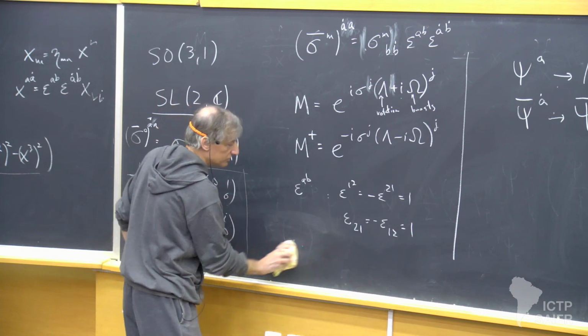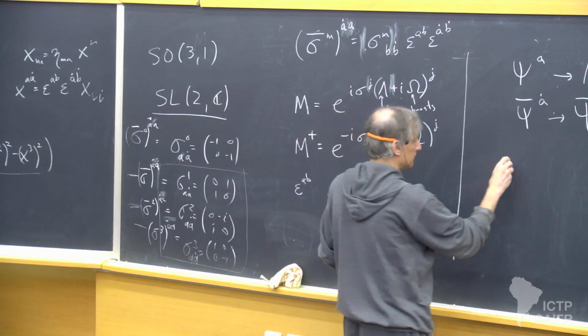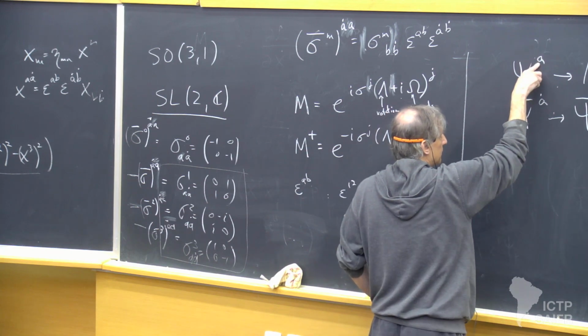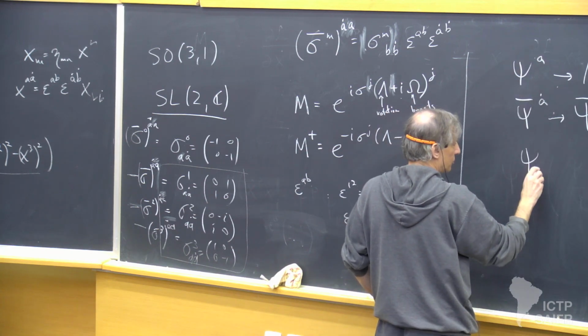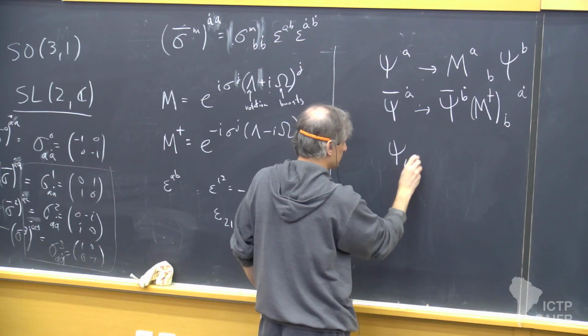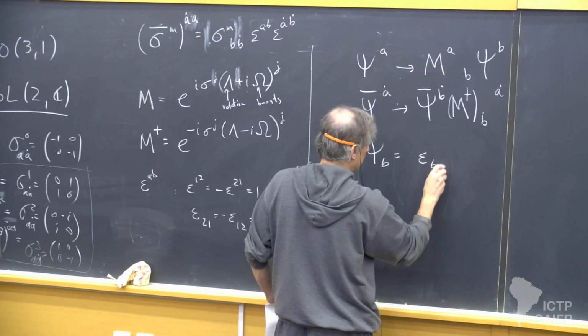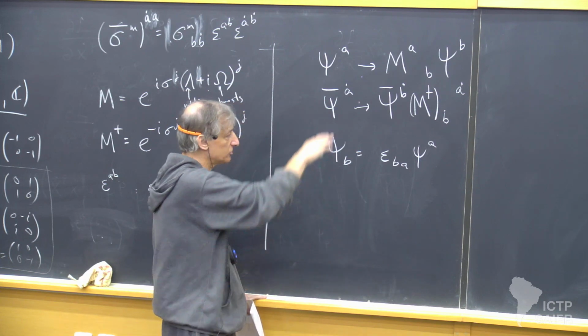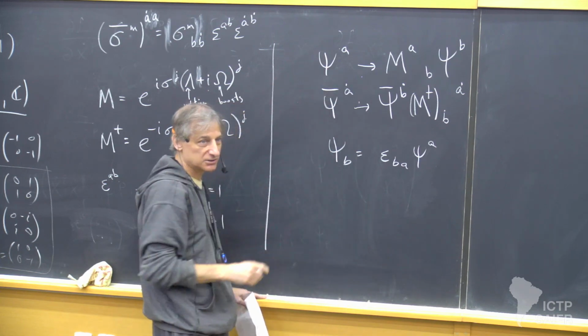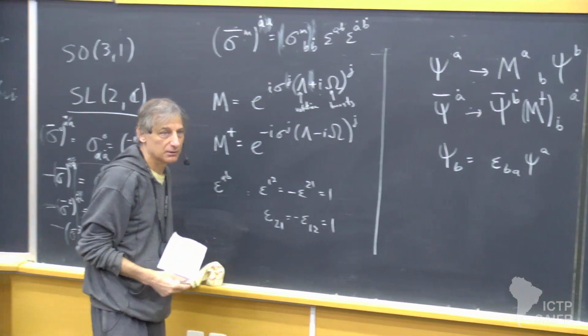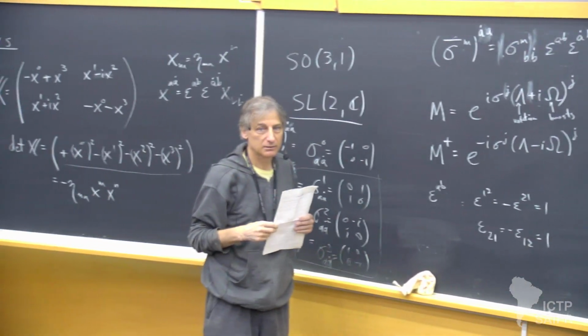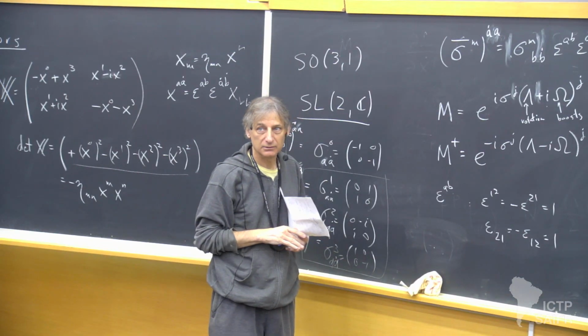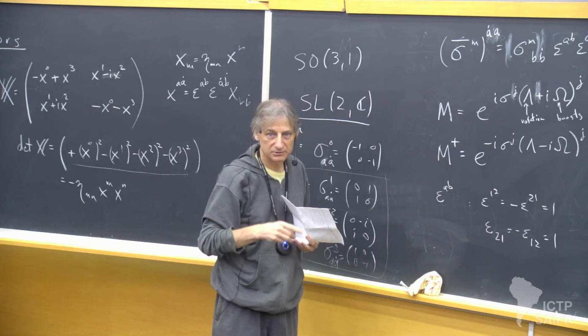So for example, if this is something with an upper index, I can also define something with a lower index. So for example, I can write this as epsilon B A psi A. So it can also raise and lower indices of anything, not just Pauli matrices. Other questions?